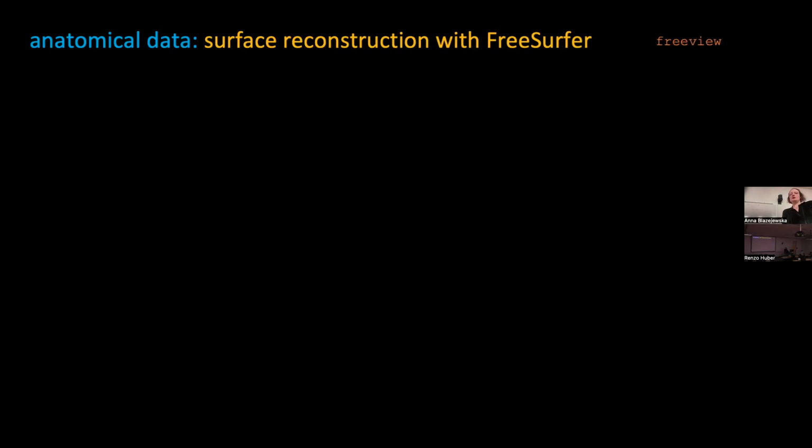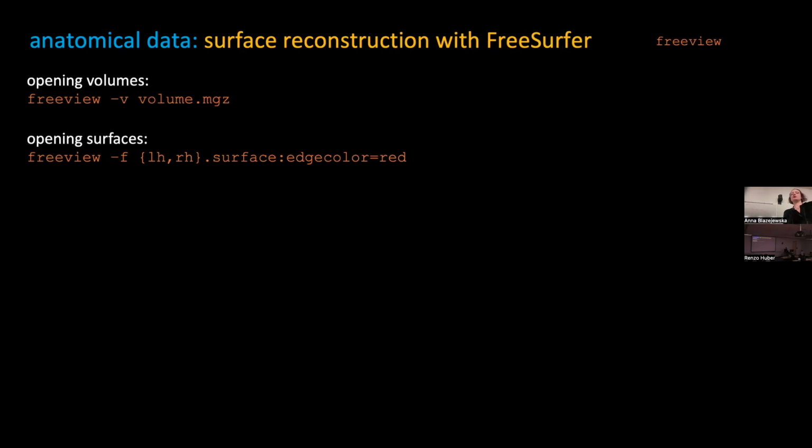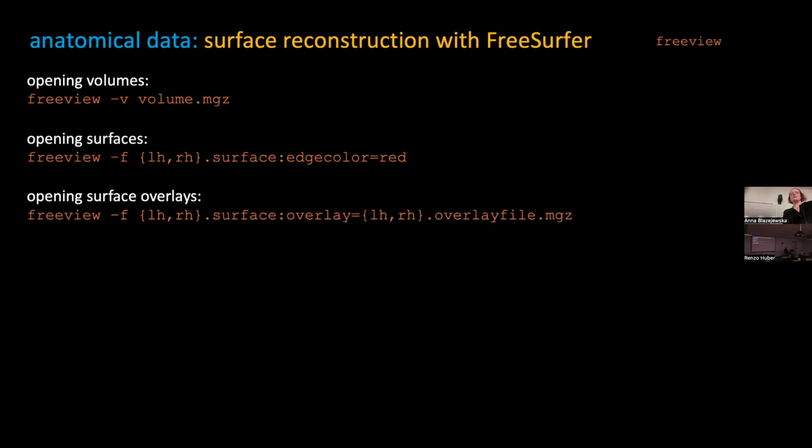Okay, so as any good software package, Freesurfer also has a viewer, and that viewer is called Freeview. It has a graphical interface, but it can also be called from the command line to look at volumes in the Freesurfer format and surfaces. And you can specify all sorts of parameters, as you can see here, the edge color, for example. You can also load overlays, and overlays always correspond to the surface because they're assigned to the vertices on that surface.